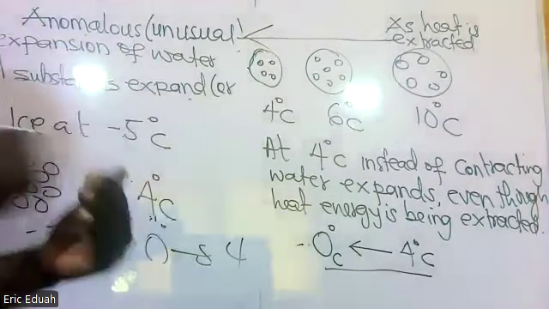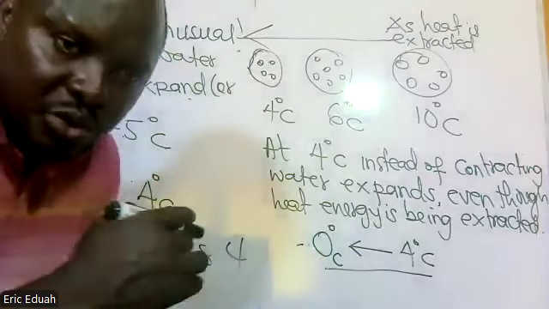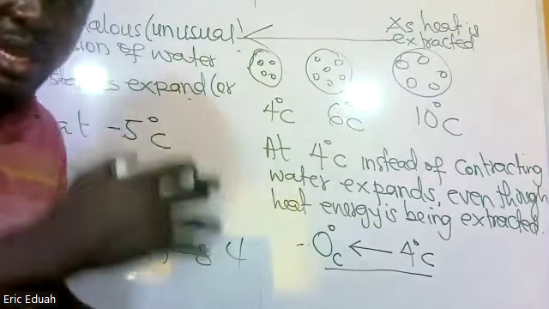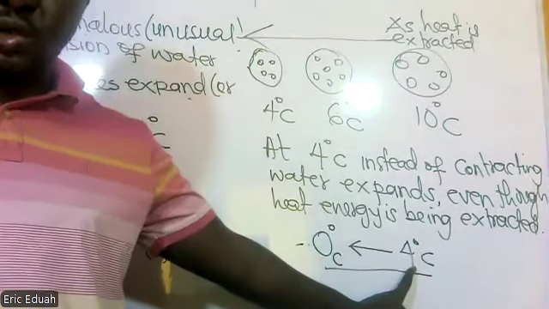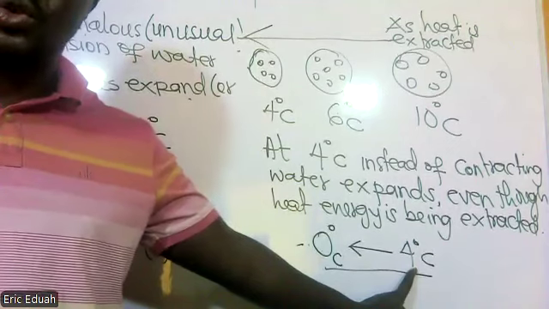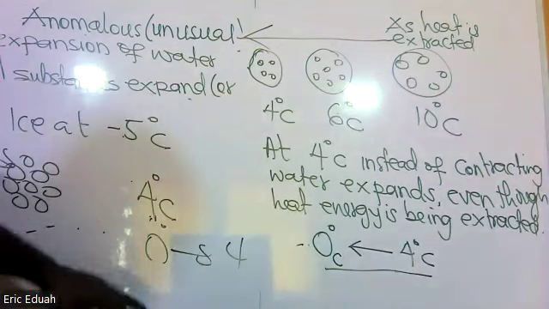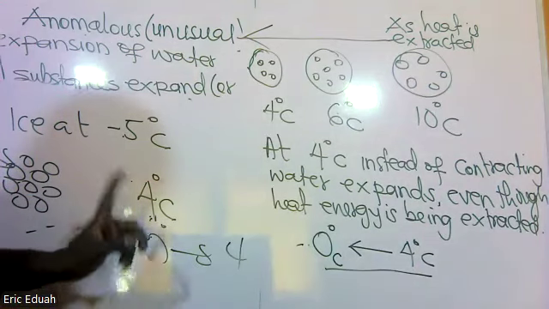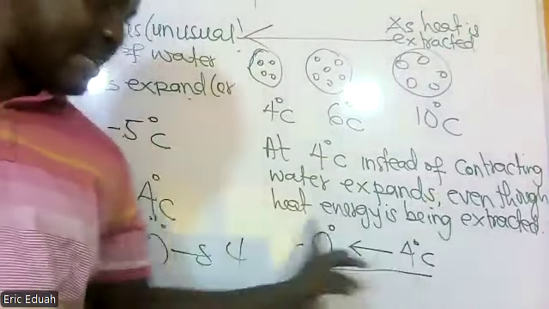Then when you are cooling, we expect water to contract, and it will be obeyed, but when you cool it to 4 degrees Celsius, that is when it begins to rather expand. So the abnormality when you are heating starts from 0, ends at 4. When you are cooling, starts at 4, ends at 0.